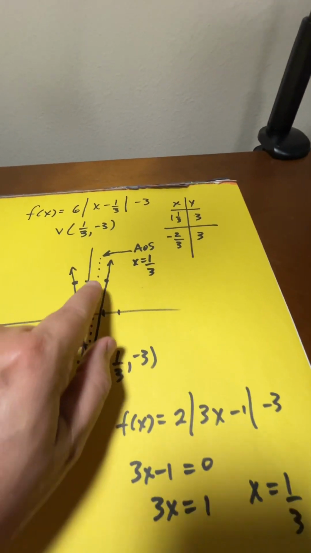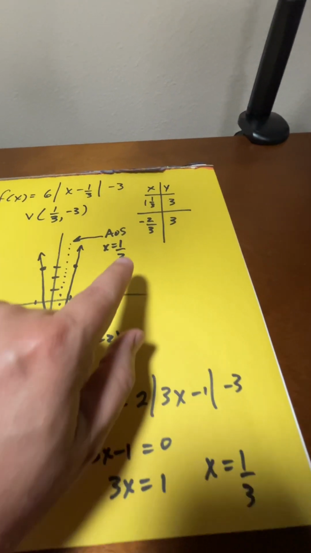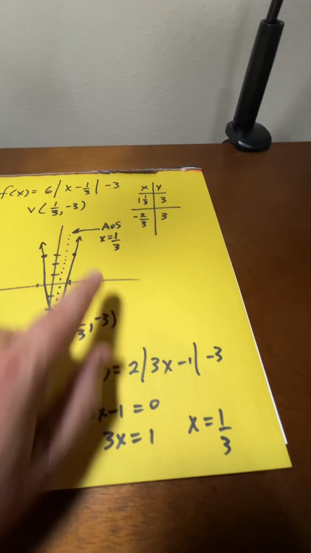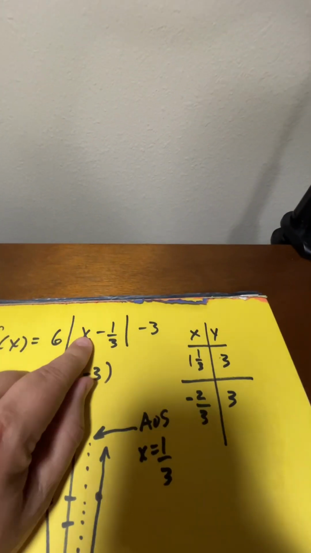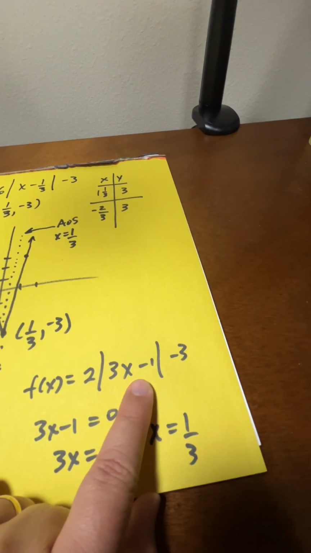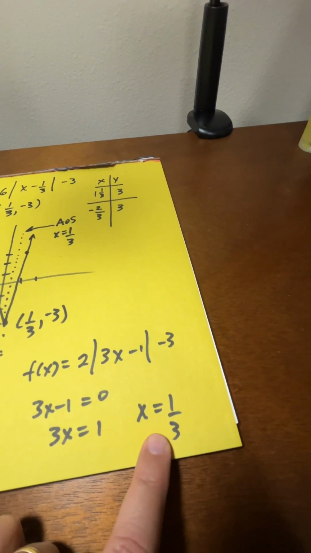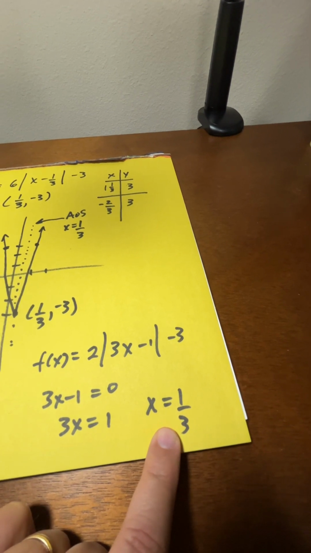So your vertex is going to be 1/3 because of what you got here, and then your y value on your vertex is going to be negative 3. So you can get this 1/3 without factoring it like this, but by just setting this inner part of the absolute value equal to 0 and solving for x. And so you might find that to be a little bit better way.